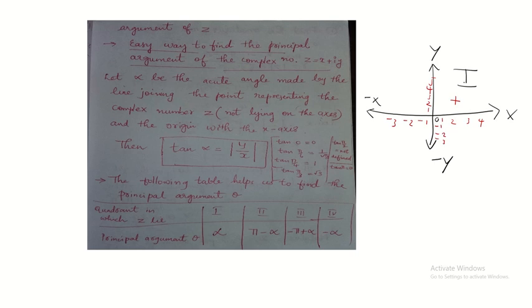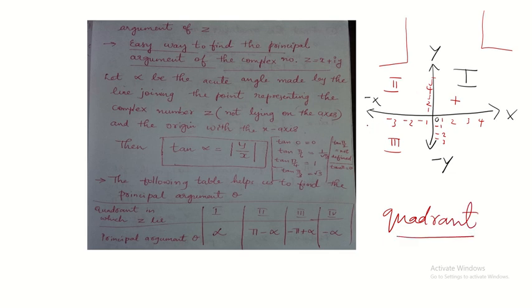So the first quadrant is this half, this L shape. The second quadrant is the next L shape. This is the third quadrant, and then the fourth quadrant.